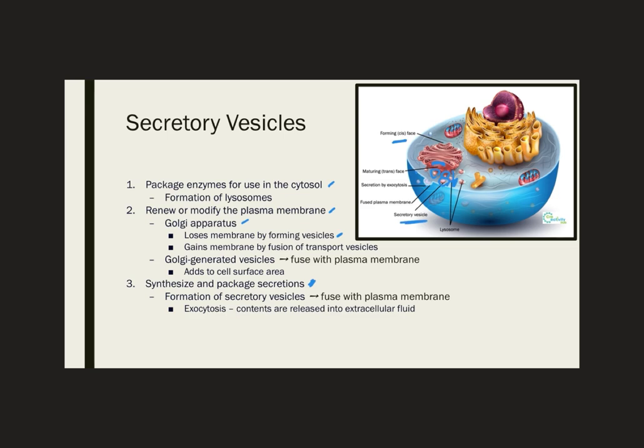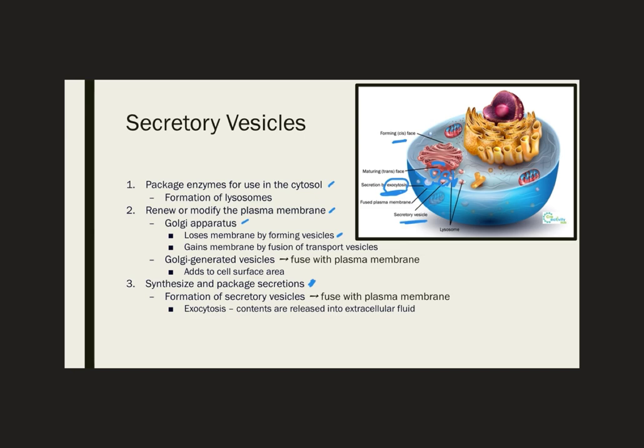When a secretory vesicle fuses with the plasma membrane, its contents are released into the extracellular fluid, as we can see right over here. This process is known as exocytosis.